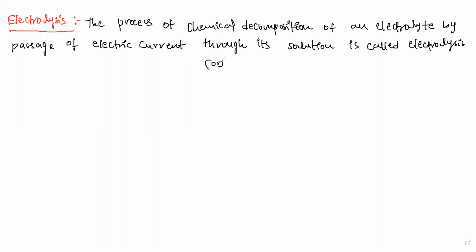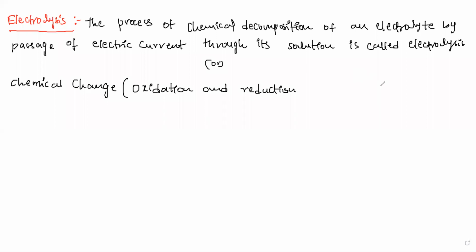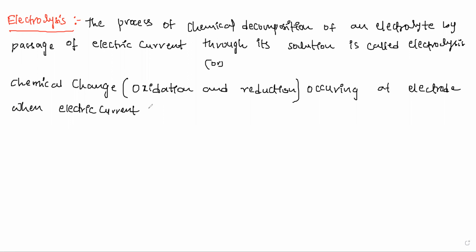Or we can write, chemical change is nothing but oxidation and reduction occurring at electrodes when electric current is passed through electrolyte solution.